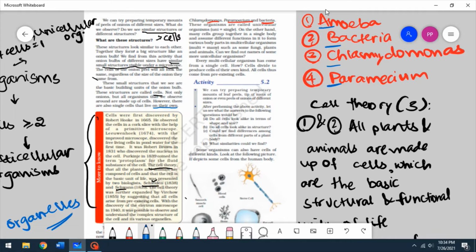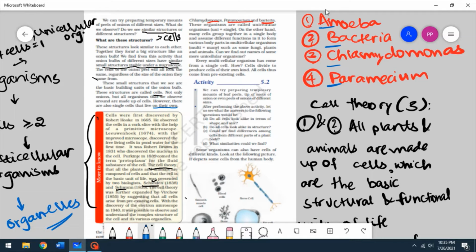In multicellular organisms, the organism itself is made up of various groups of cells, and each group of cells has a unique function. And in that group of cells, each cell has organelles again, and those organelles perform the different functions of the cell.